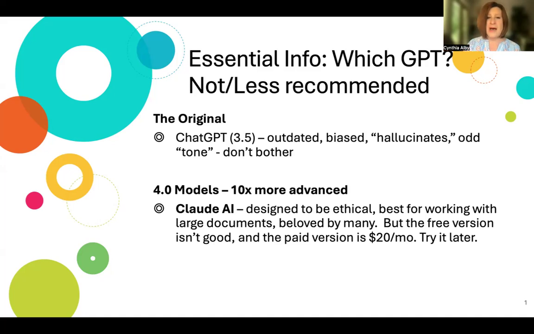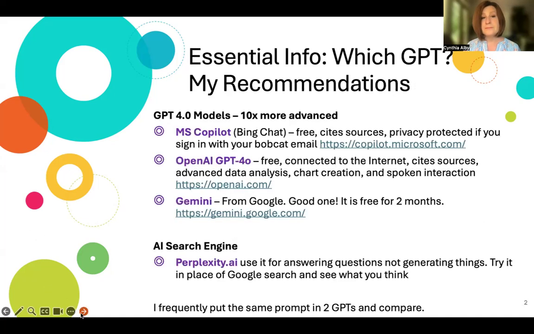But these 4.0 models are so much better. There's one that a lot of people love, and I love it too, that's called Claude AI. And that's one that I'm kind of not recommending because it costs $20 a month. Now, if you are using AI a lot and you're just really into it, it's worth the money. But I think if you're still kind of getting started, there are equally good versions that you can get for free. And so let's look at those.